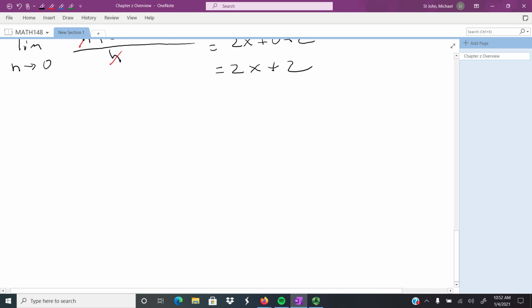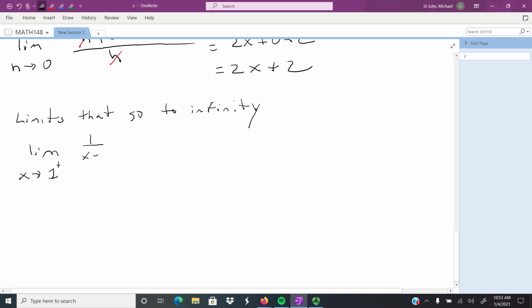Now we're going to have limits that go to infinity. So, for example, what is the limit as x goes to 1 on the positive side of 1 over x minus 1?